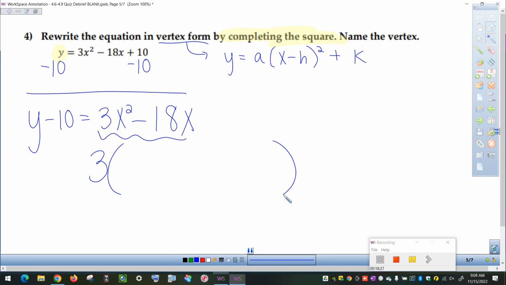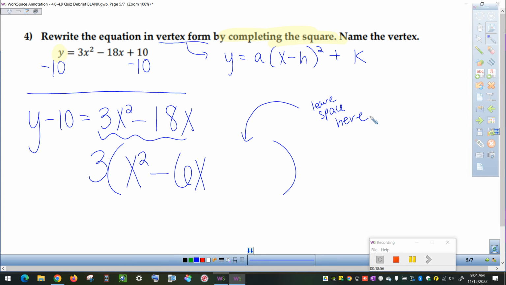Now when we do 3x squared divided by 3, that gives us 1x squared. That's what we want. Negative 18x divided by 3 is negative 6x. And then I always leave a little bit of space before ending the parentheses, because that's where we're going to complete the square.